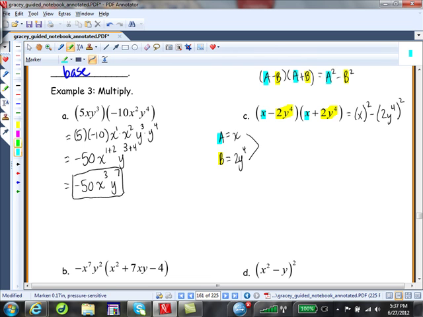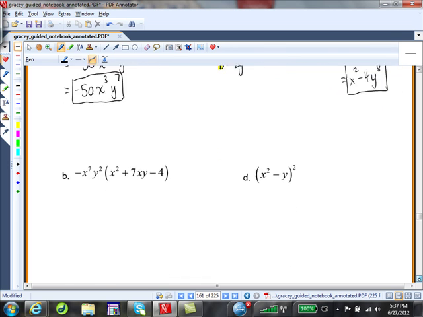And this is A, and this is B. And this yields a result of x squared minus 4y to the 4 times 2, which is x squared minus 4y to the 8th. And we are done. So why don't you guys go ahead and give B and D a shot. And you know what? After that, we're going to be all done with our lecture for today. We had 2 short ones.